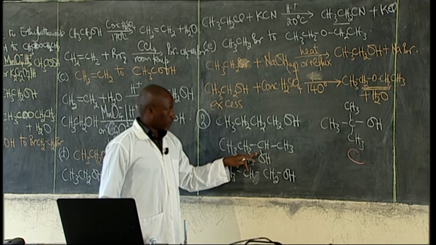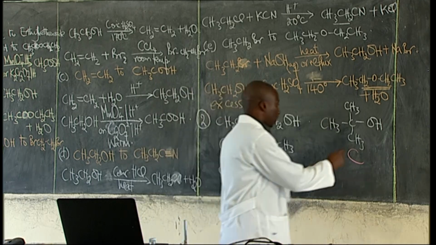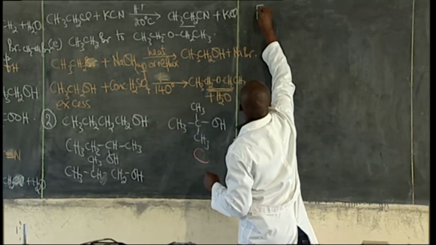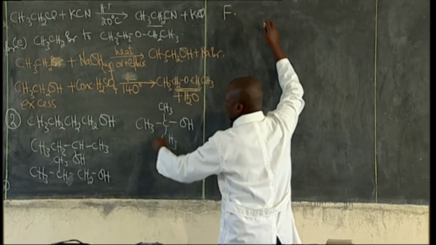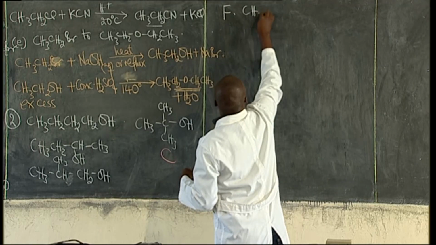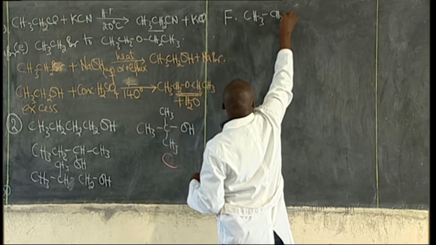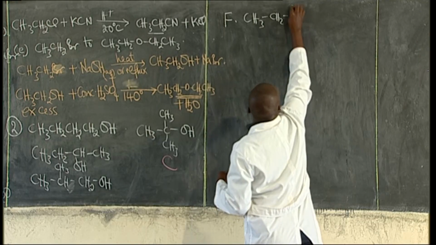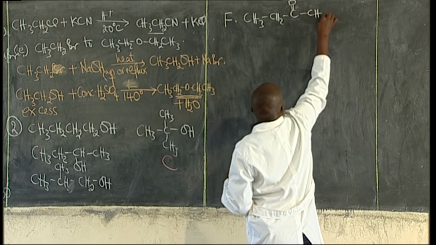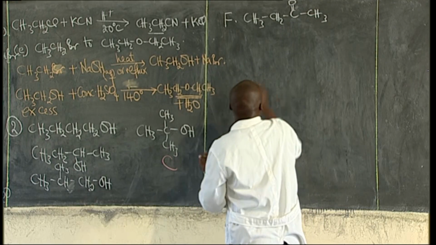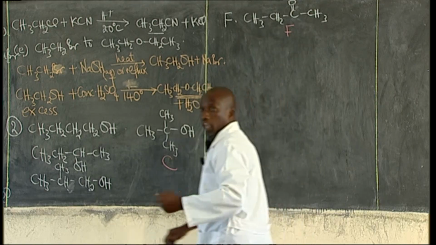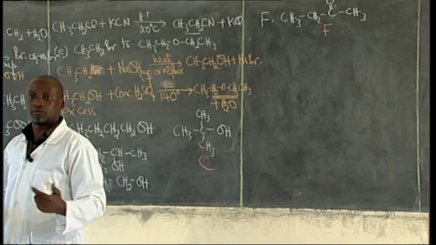So if we look at F, I can start with F. F must be coming from CH3CH2COCH3. So this is F automatically. How did we get F?